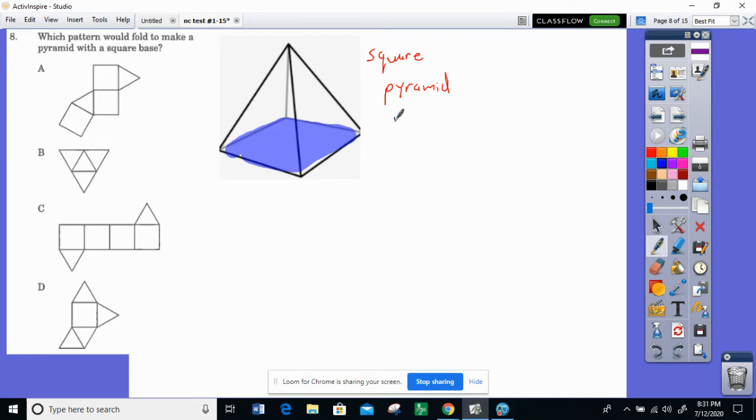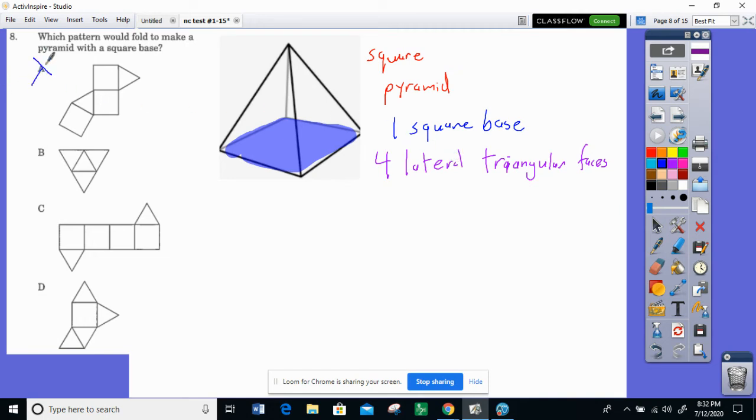So one square base, and we also have 4 lateral triangular faces. So that's the first thing we're looking for in our answers, is a net with 1 square and 4 triangles.